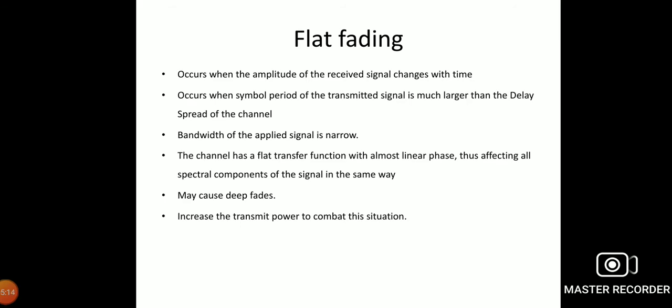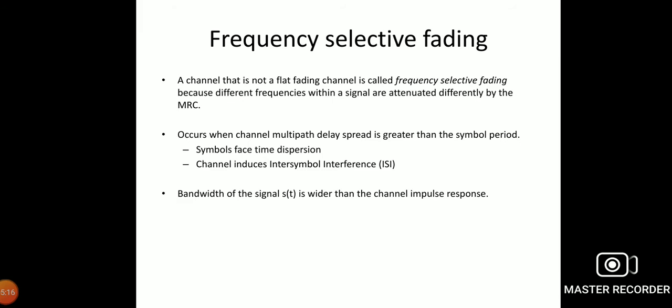Now we can move to frequency selective fading. Frequency selective fading occurs in the received signal if the channel has a linear phase response and a constant gain over a bandwidth smaller than the bandwidth of the signal being transmitted. In this case, the impulse response of the channel has a multipath delay spread greater than the reciprocal bandwidth of the transmitted message waveform.